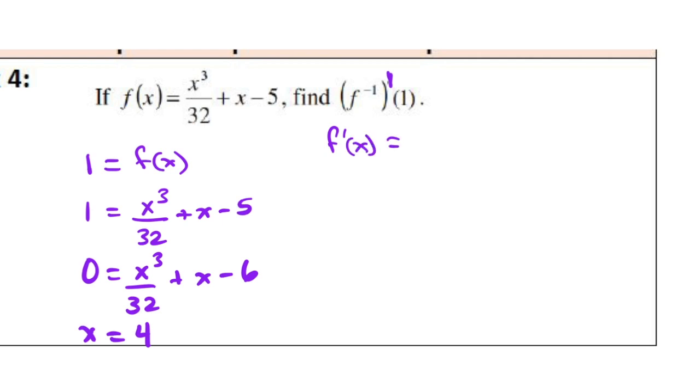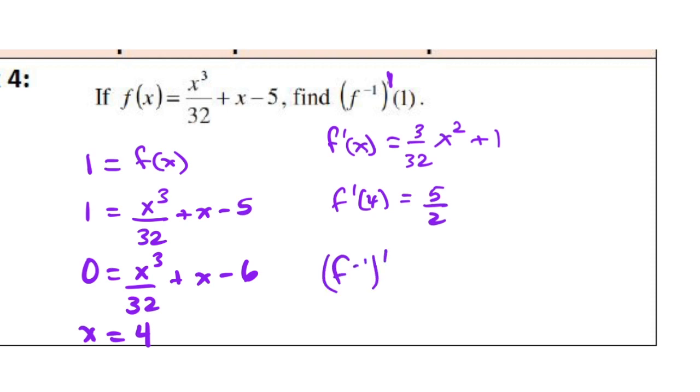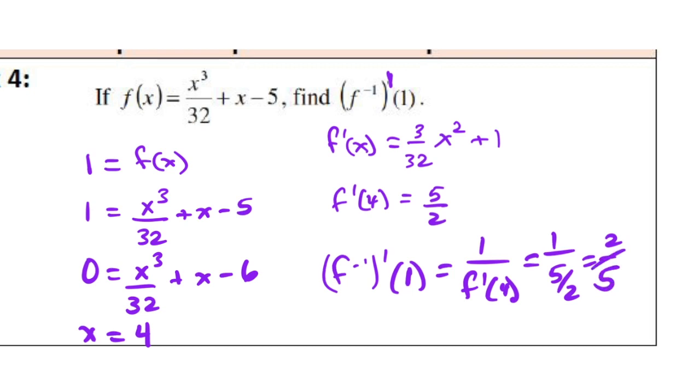So f prime of x is going to be 3 over 32 x squared plus 1. We're going to take f prime of x and substitute in our 4. So f prime of 4 is going to be 5/2. From here, we know that the inverse derivative at 1 must be equal to 1 over f prime at 4, and therefore it's 1 over 5/2, or 2/5.